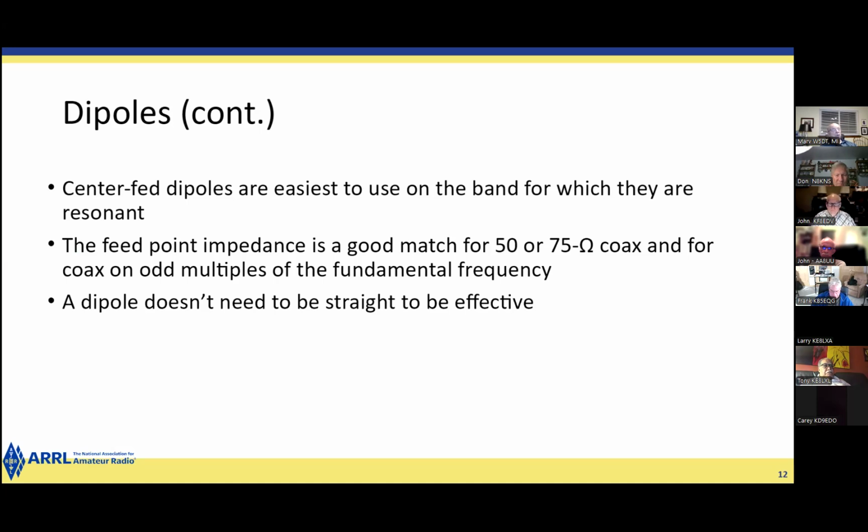Nice thing about a dipole, it doesn't have to be straight to work. You could drop the ends. You could drop one end. You can bend the thing in all kinds of shapes, and it'll work. You might get some strange lobes out of the thing, but it'll work.